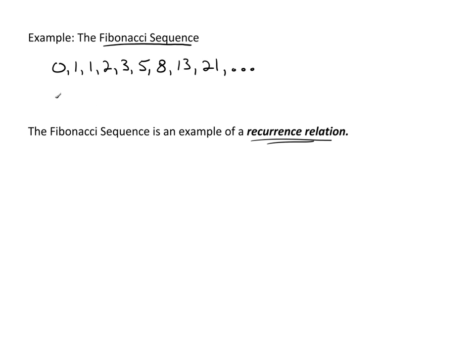So I'm going to start off with the idea that a_0, this time I'm going to start off with a_0 equals 0, a_1 equals 1, a_2 equals a_1 plus a_0, which equals 1, a_3 equals a_2 plus a_1, which equals 1 plus 1, which is 2.